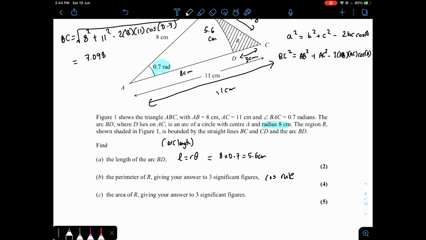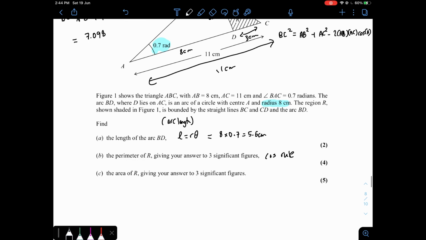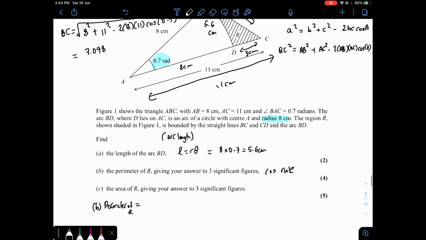So we can write our perimeter of R. The perimeter of R will be 5.6, the arc, right? 5.6 plus 3, which is DC, right? Plus 7.098.